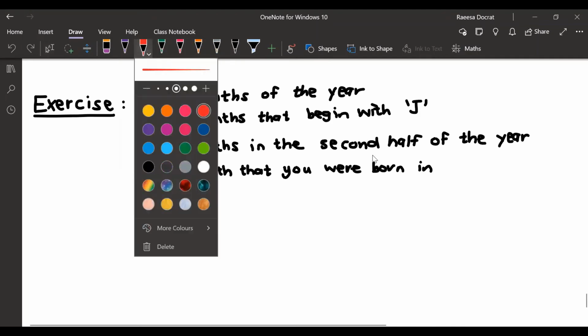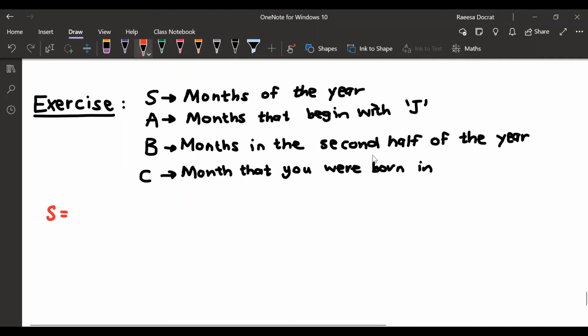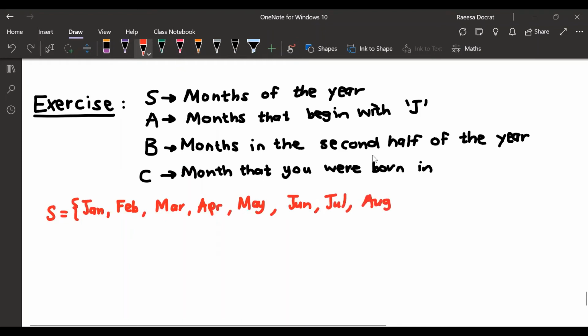So let us first start with our sample space. Our sample space is all of the months of the year. We have January, February, March, April, May, June, July, August, September, October, November, and December.